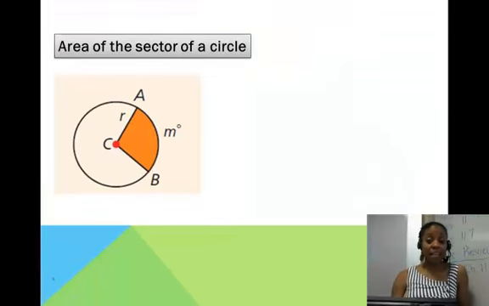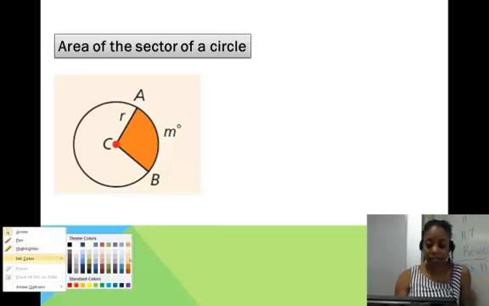Now, if we're going to find the area of a sector, it's just like finding the area of a portion of the circle. Let's give you a simple idea here.